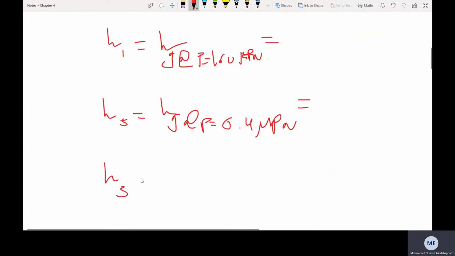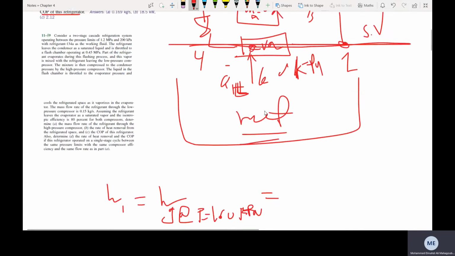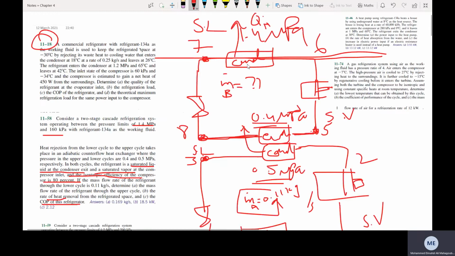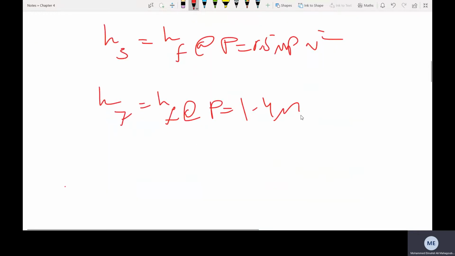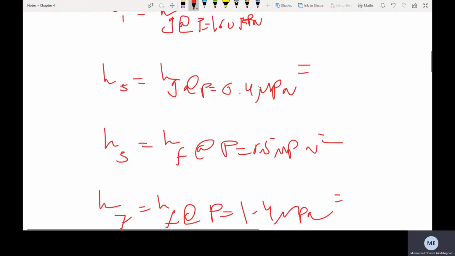H3 is equal to Hf at a pressure of 0.5 megapascals, and H7 is equal to Hf at the highest pressure, which is 1.4 megapascals.